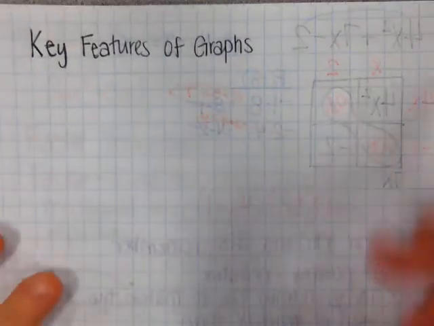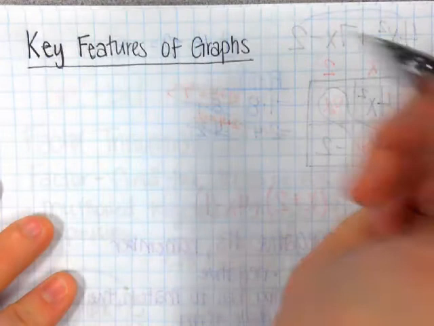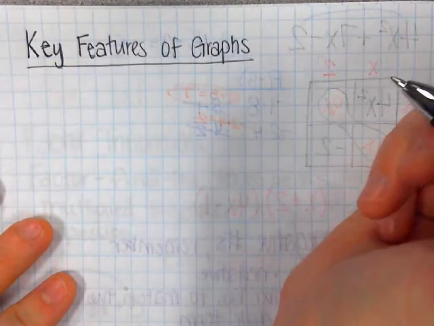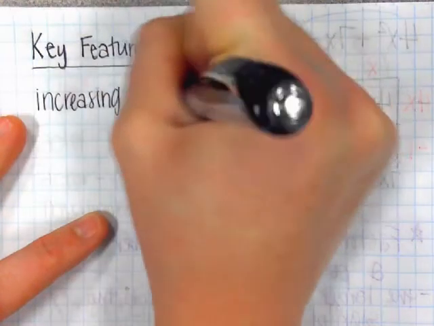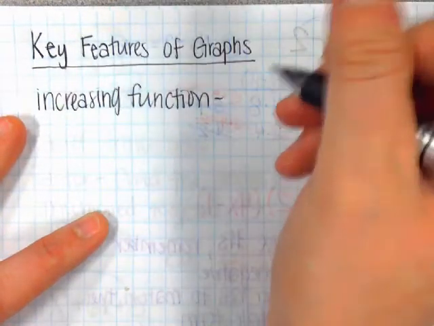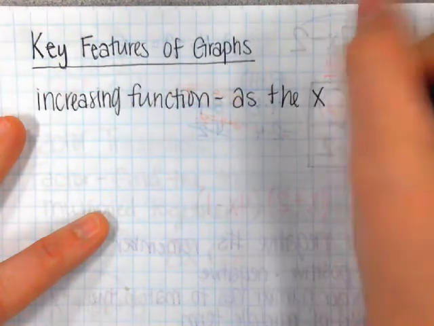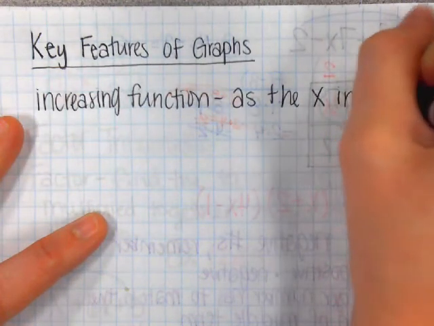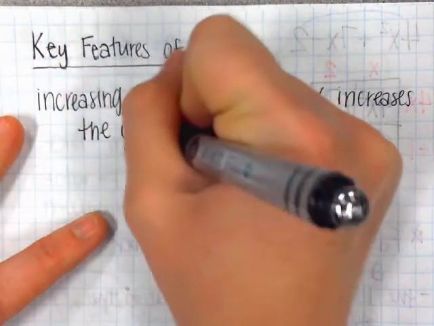Key features of graphs. When we're talking about any type of function, whether it be linear or exponential, we always talk about if it's increasing or decreasing. An increasing function just means as the x increases, the y increases.